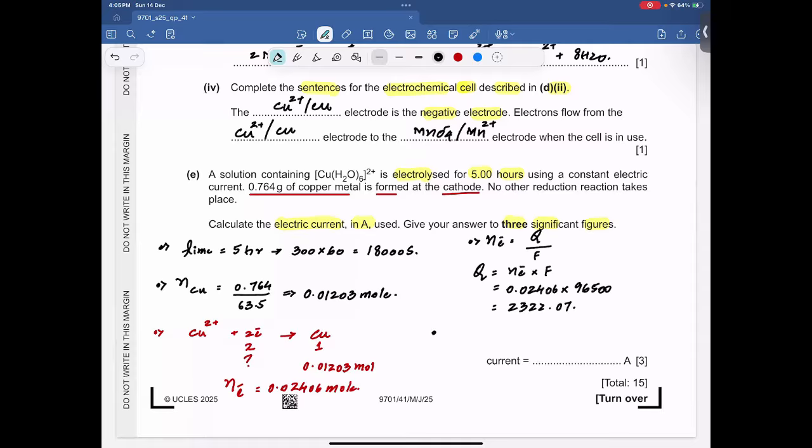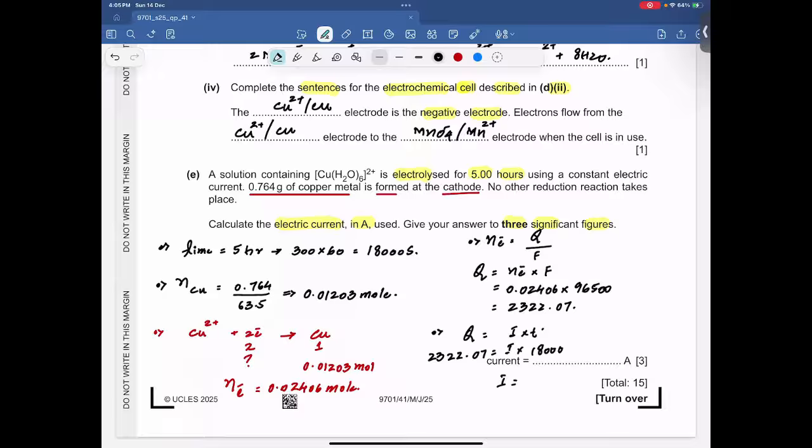2322.07. Now in the last part of the question, Q equals I times T. We know the value of Q, which is 2322.07, equals I, we need to find out the current, times the time, which is 18,000 seconds.